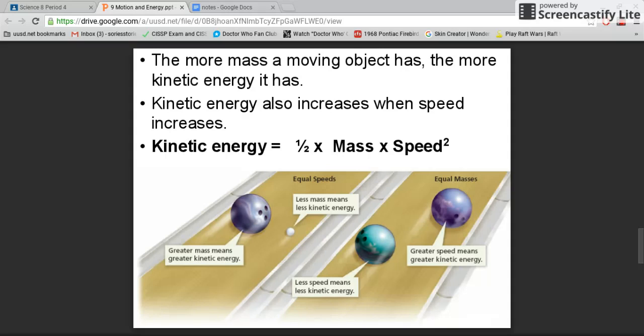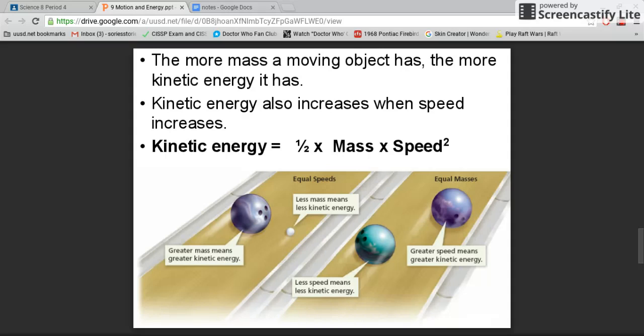Okay, the bottom one is what you need to write down. It's also the same thing that I put on the board. KE, or kinetic energy, equals half of the mass. So you can do 0.5 times whatever the weight is, or the weight divided by 2.